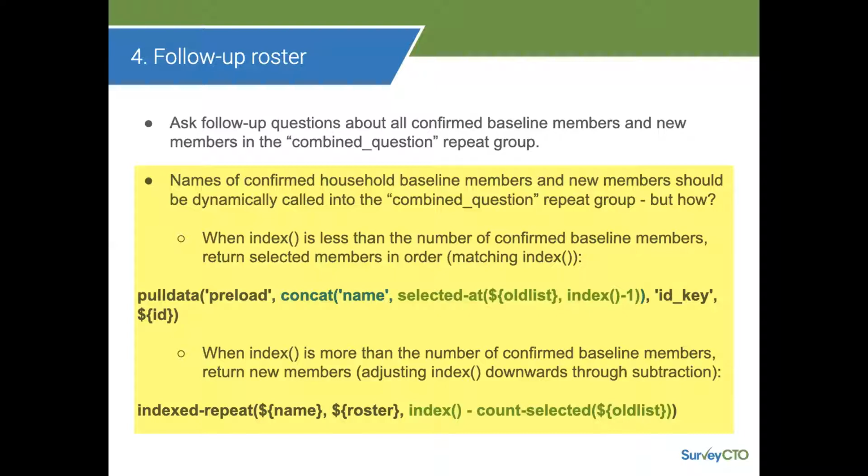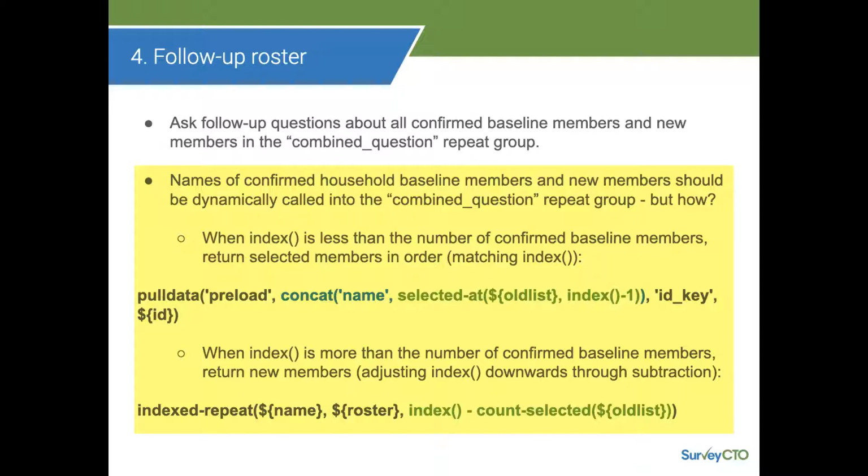So I've tried to highlight this in this slide with different colors for parts of the expression. You can see that selected-at sitting inside concat has index minus 1 as the position number. Again, to start from 0, and that value will change depending on which repetition you are in inside combined question.